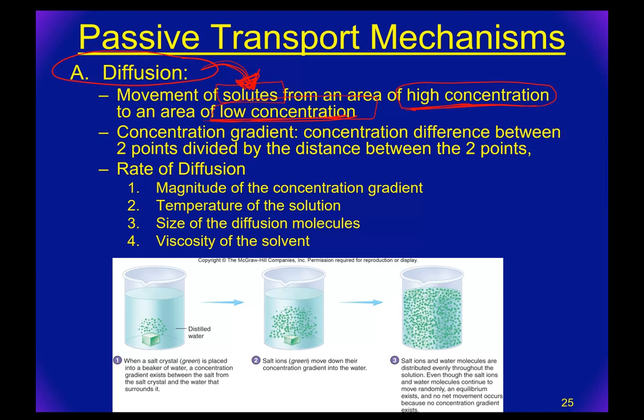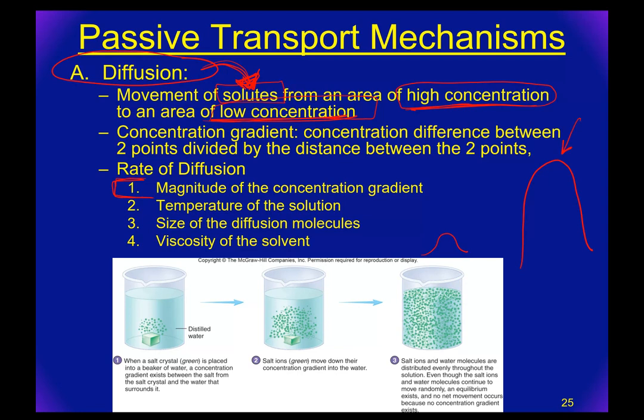So, what can change how fast something diffuses? What can change how fast something goes from being up here on the hill to being down here on the hill? Well, one of them is the magnitude of the concentration gradient. How big is that difference? If I've got a car on top of a hill like this versus a car on a hill like this, which one is going to go faster from top to bottom?